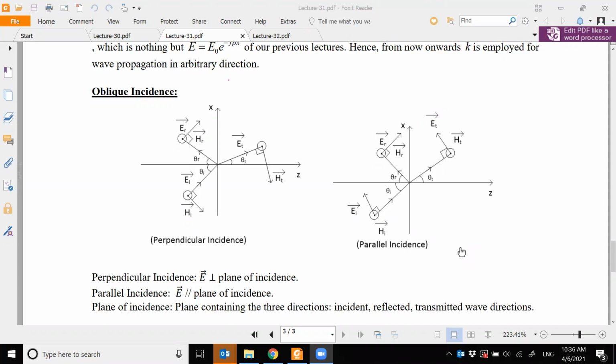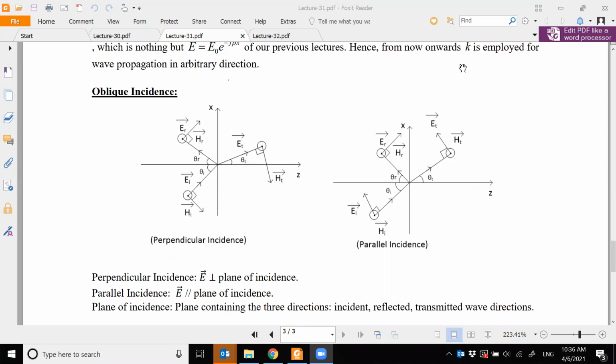Because, guys, my electric field can have X, Y, and Z components, right? So in this particular case, when I apply the incidence to my electric field, the Y component will be treated as perpendicular incidence, and my XZ components will be treated as parallel incidence.